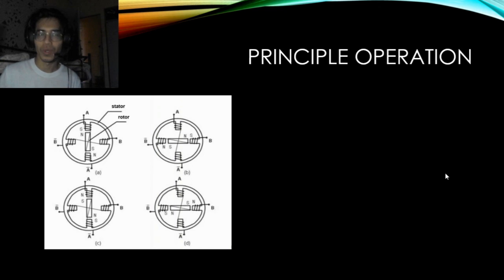It requires a rotor made of a permanent magnet. As you can see, it's a permanent magnet, and the stator is made of electromagnet, so current can flow from here to here and generate an electromagnet. As the supply is given to the winding of the stator, a magnetic field is established inside the stator.